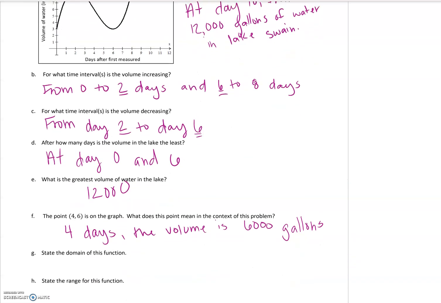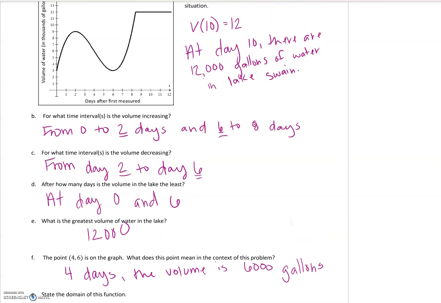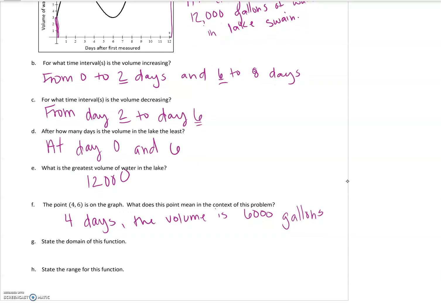When we ask them to state the domain, we're asking for all of the x values that make sense in this situation. So we started measuring at day 0, and we stopped measuring at the very end here at day 12. So we would say from 0 to 12 days. And then state the range.